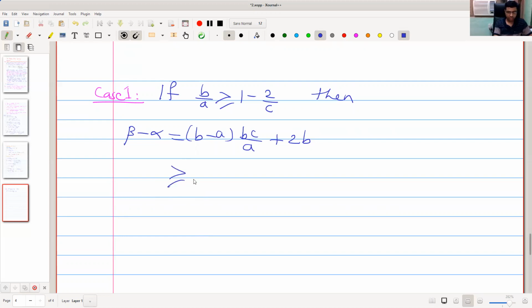This is greater than or equal to... let me simplify this so that we can substitute.